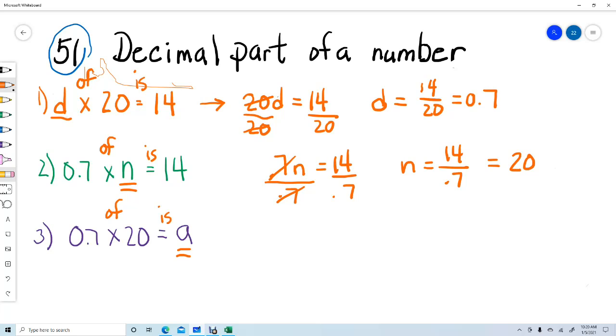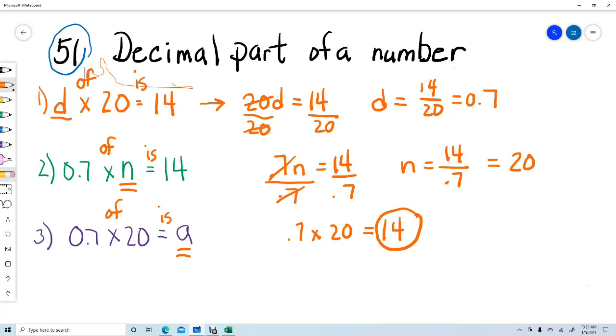And so all you have to do here, this is a pretty standard math equation where we're looking just for the answer. So 0.7 times 20, and I bet you could probably already guess that equals 14. Do the math yourself there.